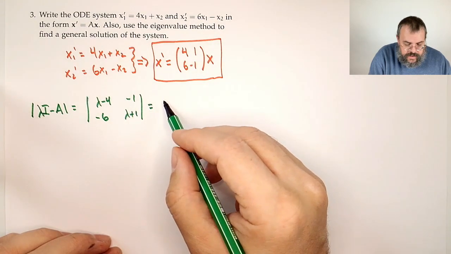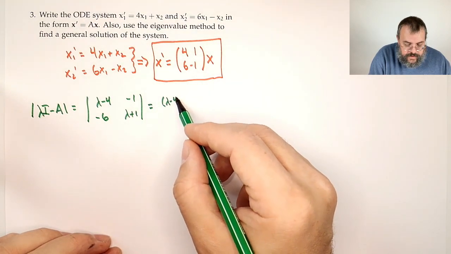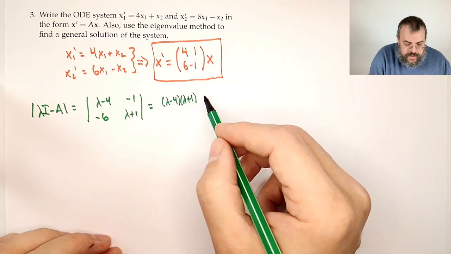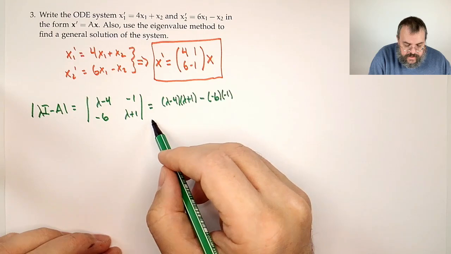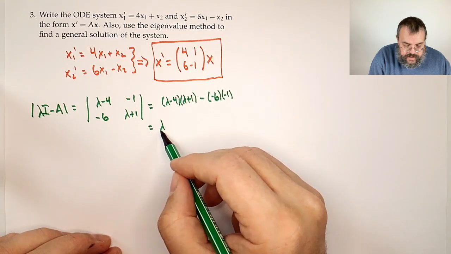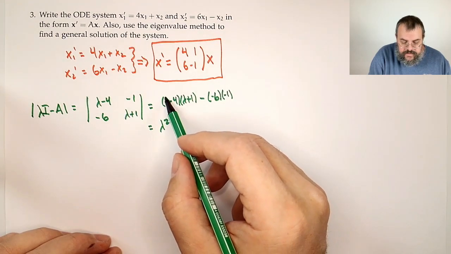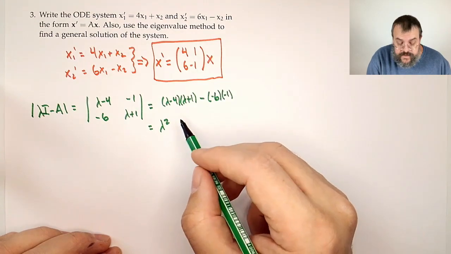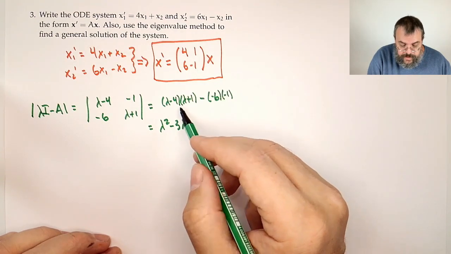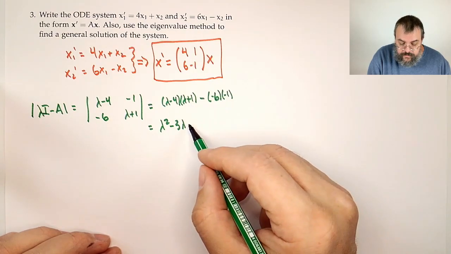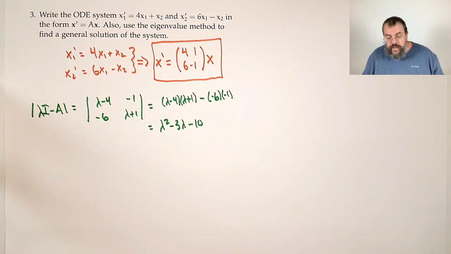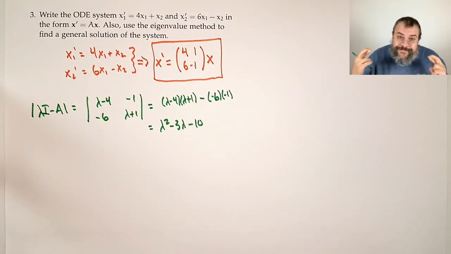And that would be lambda minus 4, lambda plus 1, minus 6 times minus 1. And if you multiply that out, that's lambda squared. And then you have a plus lambda minus 4 lambda is minus 3 lambda. And then you have a minus 4 and minus 6, so that's minus 10.